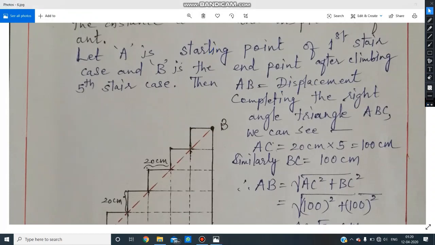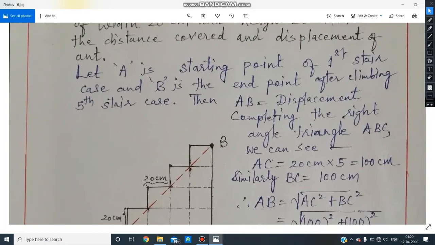Be watchful on the explanation. The explanation says, let A be the starting point of the first staircase and B the end point after climbing the fifth staircase. That already we have explained. In this way, AB stands as displacement. And as we have already explained the completion of the right angle triangle, you can see the calculation has been carried out.